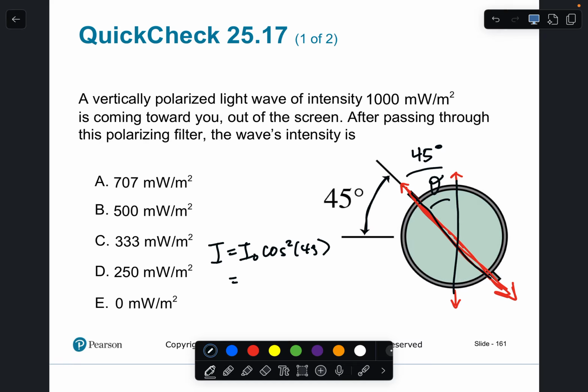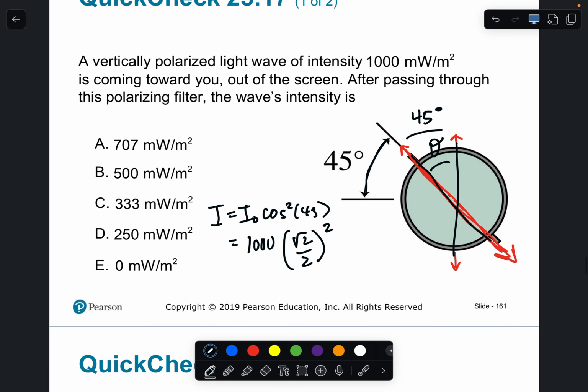Our initial intensity was 1,000. So we're going to scale it down to, well, cosine of 45 is square root of 2 over 2. And then that thing gets squared, right? So it becomes 1/2, doesn't it? Because the top becomes a 2, the bottom becomes a 4. So nothing too crazy.